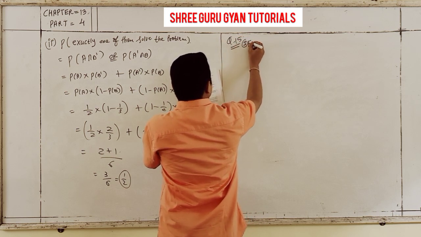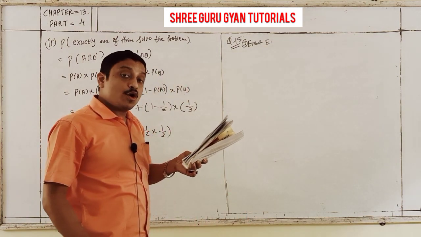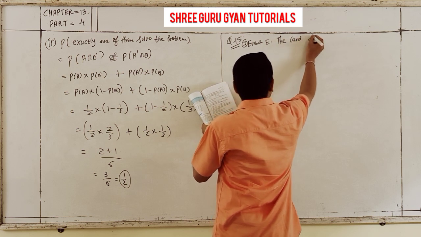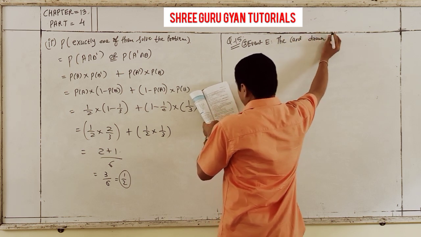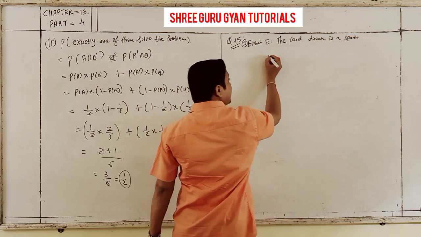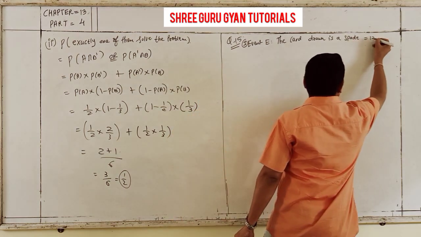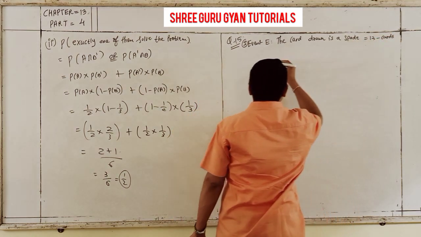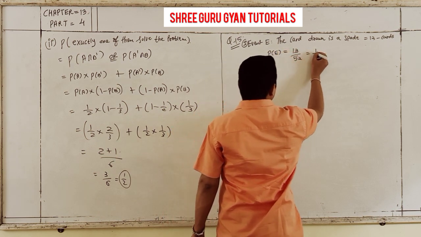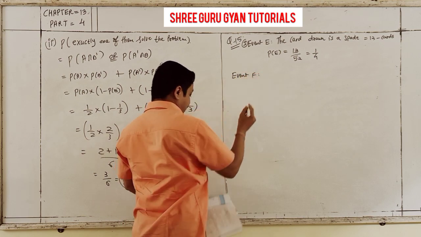Students, first one, event E: the card drawn is a spade. So how many spade cards? Only 13. Yes, 13 cards, and the probability is 13/52, 1/4.